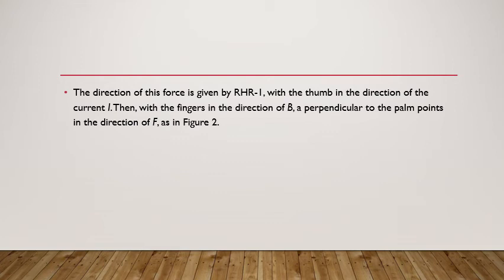With the thumb in the direction of current I, the fingers in the direction of B, and perpendicular to the palm points in the direction of F. Right hand rule says that you just stretch your right hand palm, and in this case, the thumb is showing the current direction, fingers are showing the magnetic field direction, and the perpendicular to the palm gives you the direction of force on the wire.